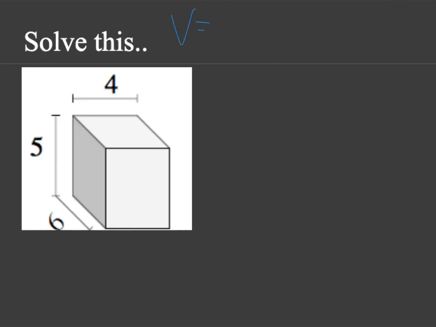Remember, volume equals length times width times height. Okay, hopefully you pause the video. Let's identify our different units here. Our length, they put it up top here instead of down at the bottom, but we know that it's the same.